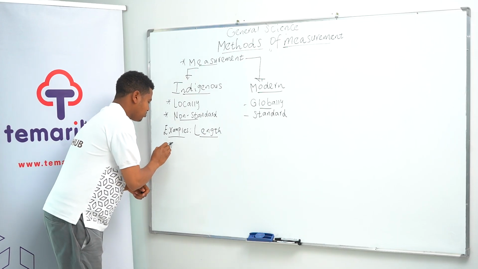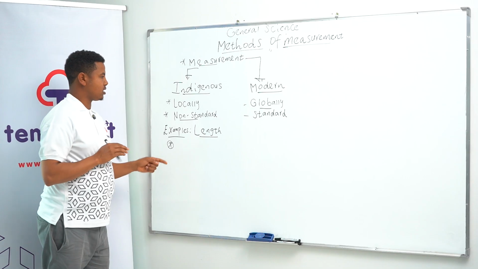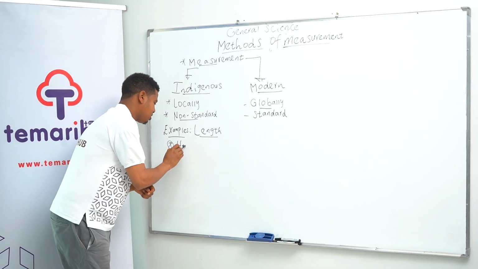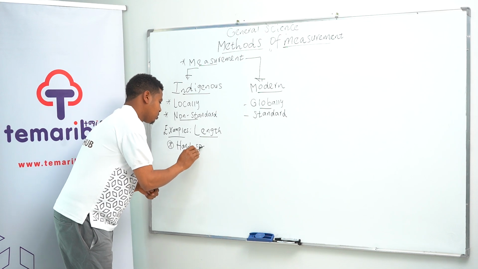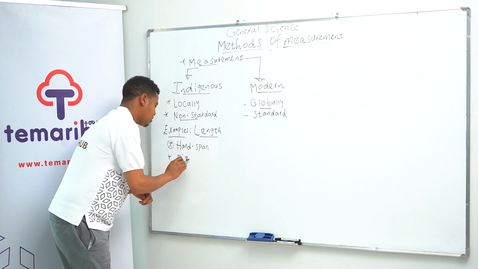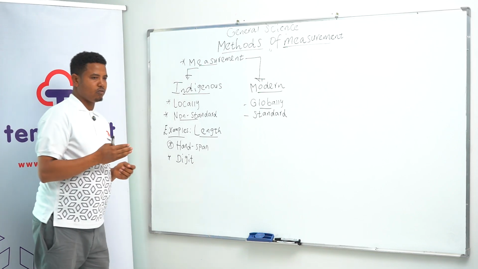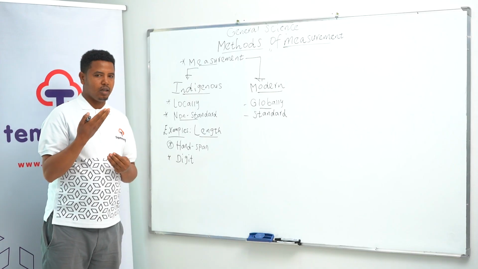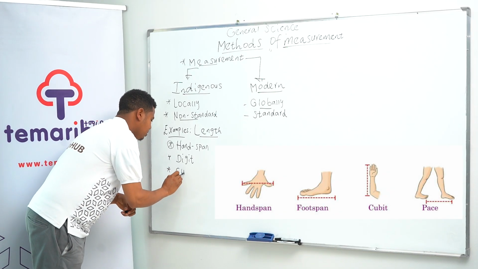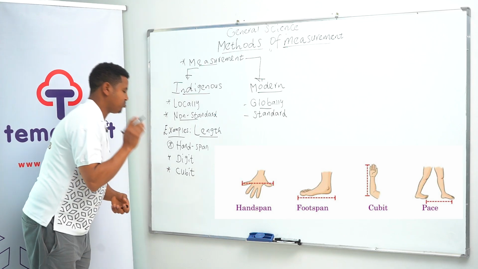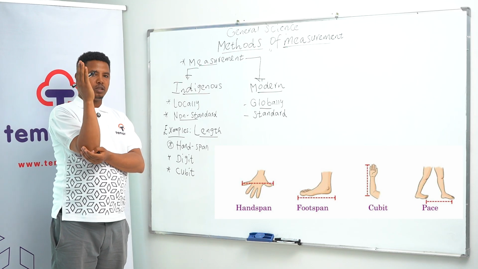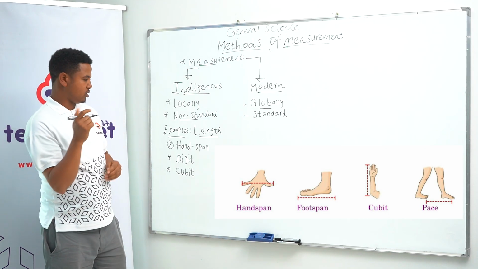The most common units of length, especially for the indigenous, are handspan, as I started, digit, which is the width of an adult's fingertip, and cubit, which is the distance from your elbow until your fingertip.